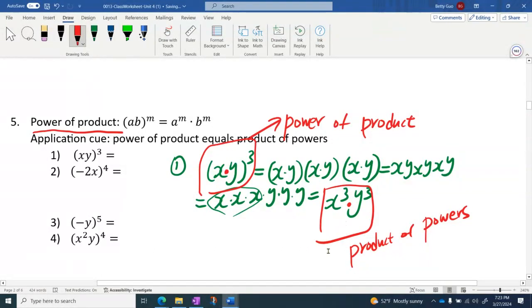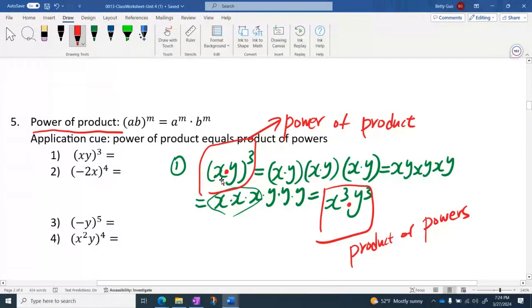On the left side, we have a third power of a product, x times y. On the right side, we have a product of powers, the multiplication of x cubed and y cubed.